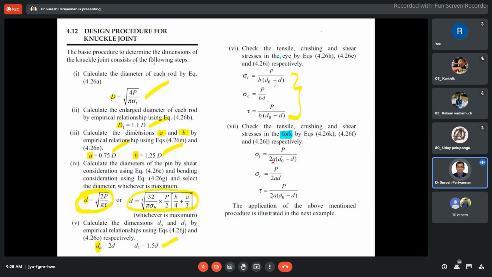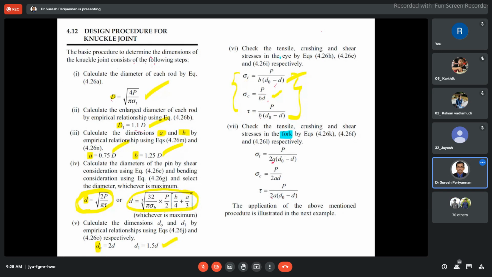Hence, we have to go for the shear stress formula. We know the shear stress formula, we know the crushing stress formula, we know the tensile stress formula. Then substitute here and find out the stress components: crushing stress, tensile stress, shearing stress.